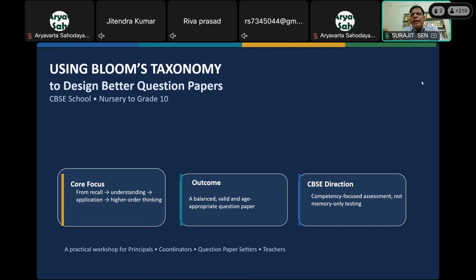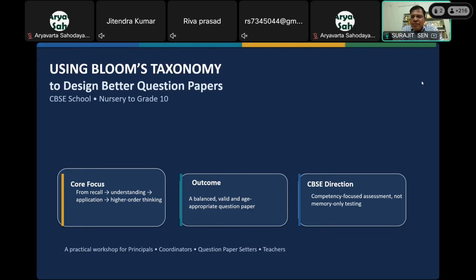One or two children can become child prodigies, but you cannot have an entire class full of child prodigies. That is next to impossible. So we should always make question papers which are age appropriate, brain appropriate, according to the learning capacity and the linguistic level of the children. And that question paper is supposed to be a balanced question paper.